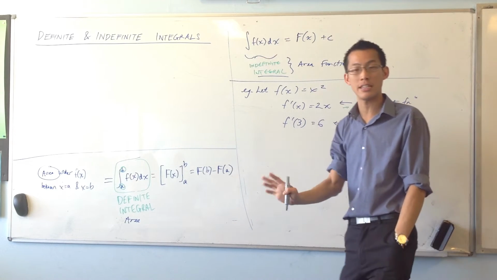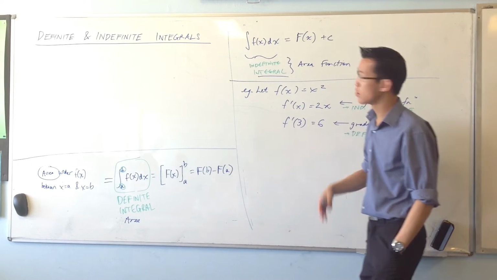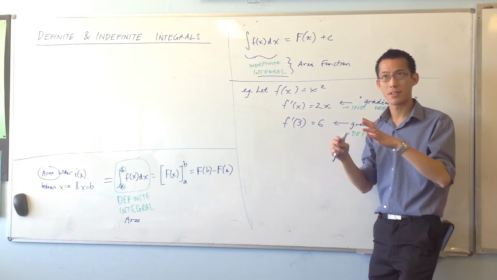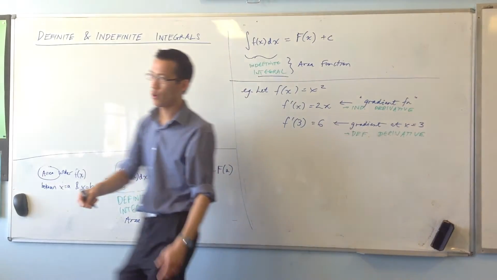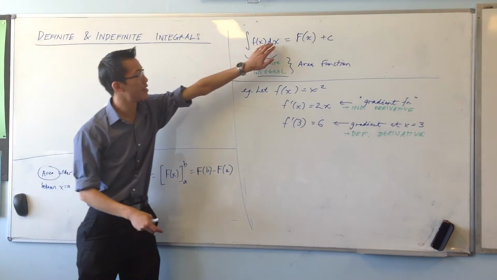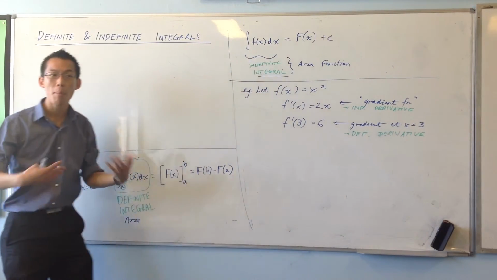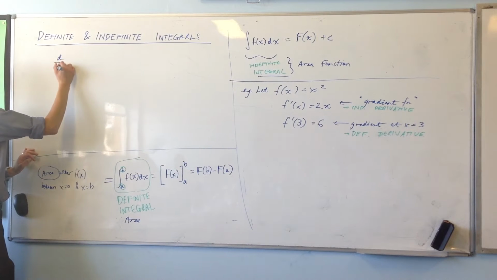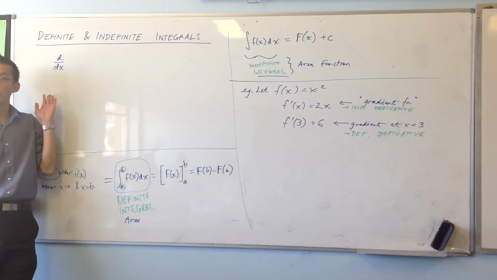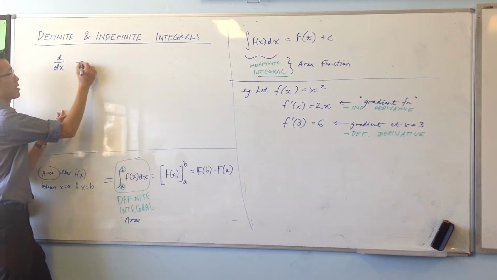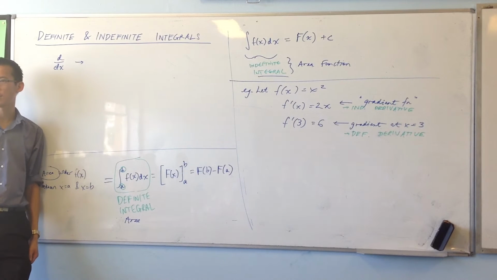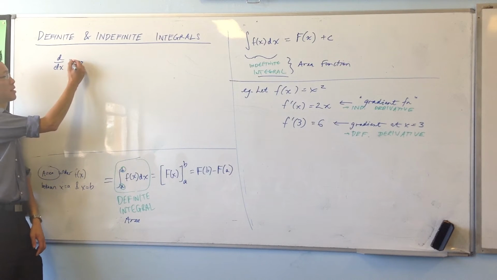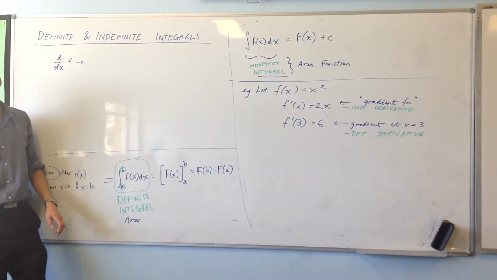And we didn't introduce the idea of area at all. So therefore, what I want to help you see is the parallel that we can use this elongated s and the dx as an operator, just like d on dx. This is what we call the differential operator. How do you read it? What does it actually tell you to do? If I put something in front, like f, what does it tell you to do to f?